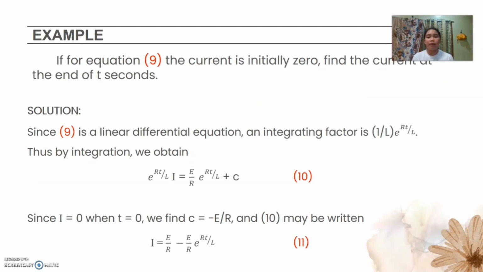Let's have here an example. If for equation 9, the current is initially 0, find the current at the end of t seconds.